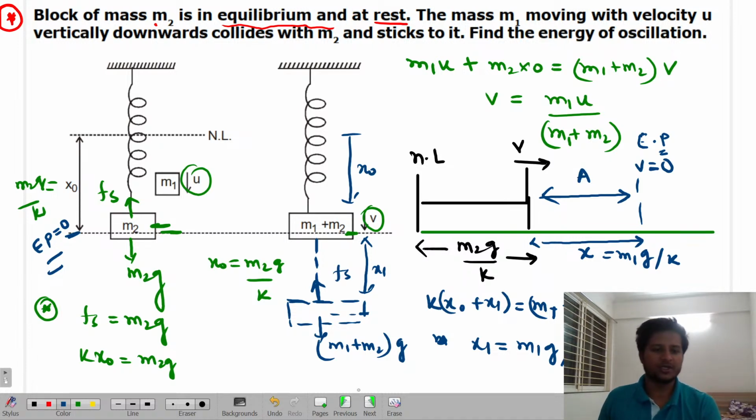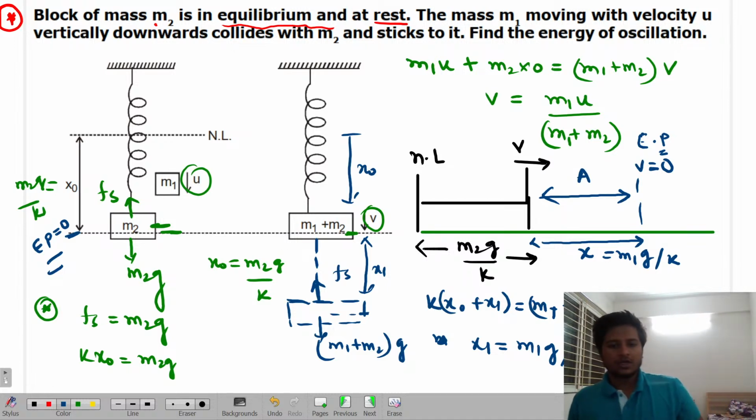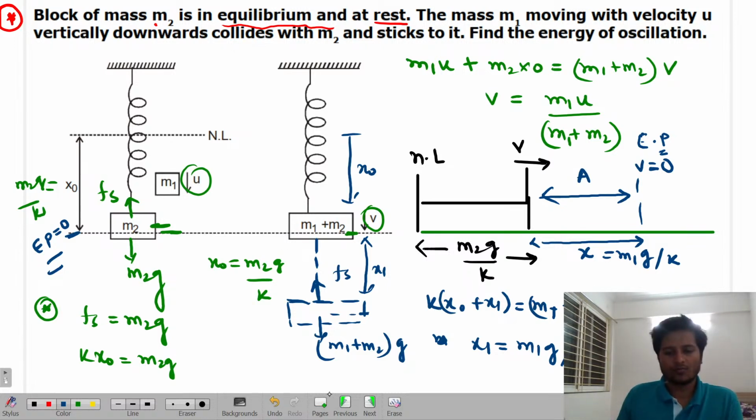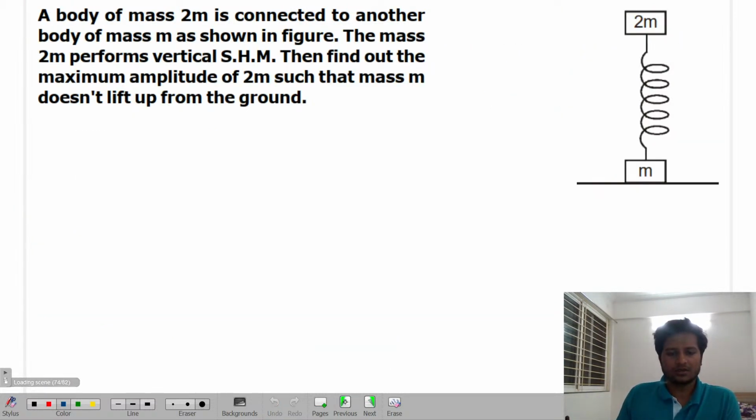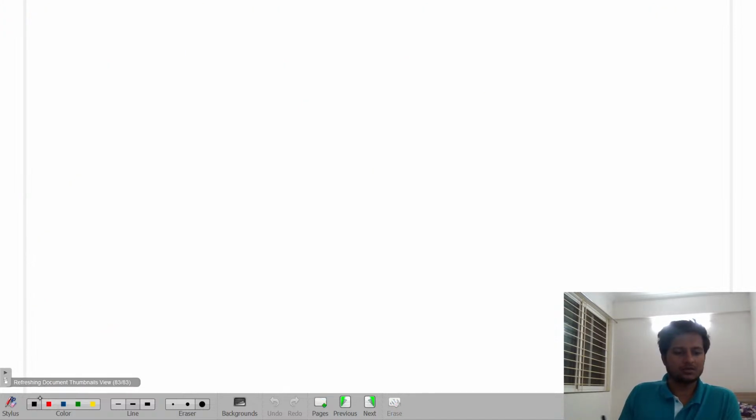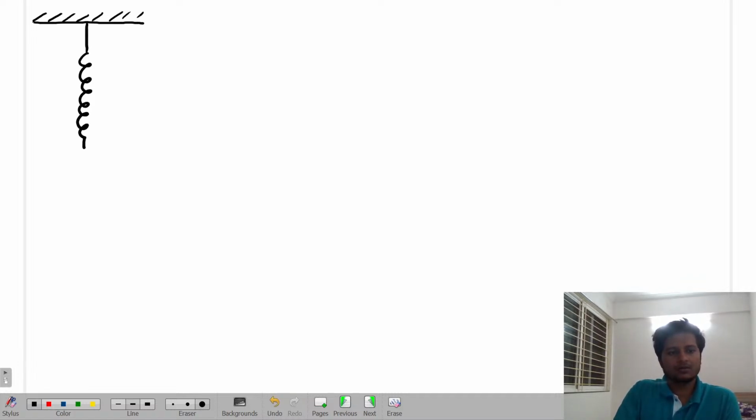Okay, definitely I'll explain it once again. ध्यान से. I'll take a new tab, then I'll draw it. समझना जरा अच्छे से. Spring, block mass m2 is there. That's my condition of natural length.